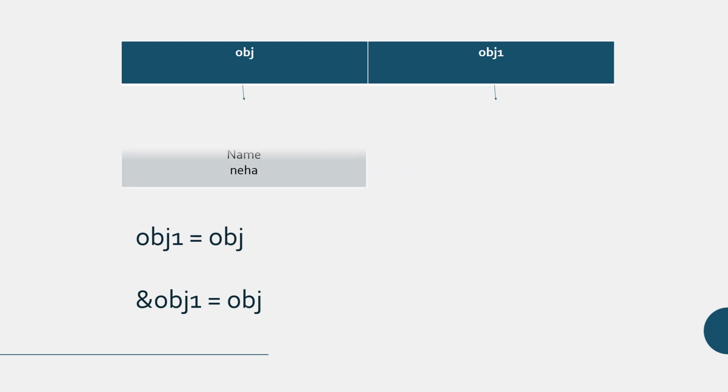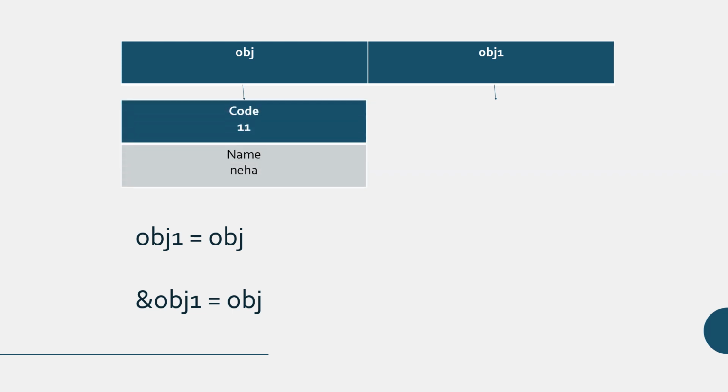In this program we will have two data members, that is code and name. So for obj we will get code and name. In the previous program we also saw how to access these values: if code has 11, to access this value we have to write obj dot code, and for accessing the name we need to write obj dot name.